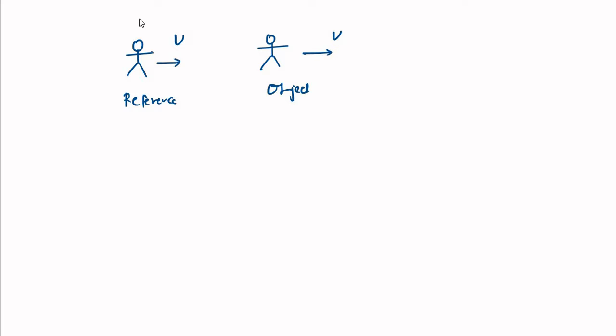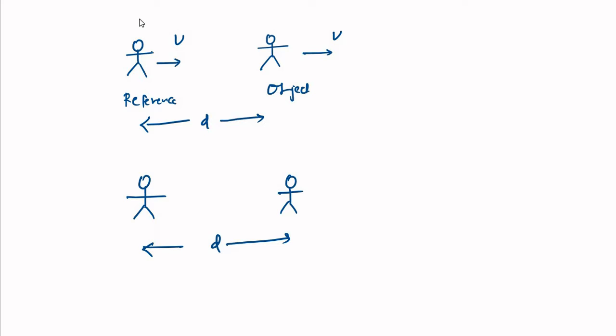Because they are moving with the same velocity, the gap between them always stays the same, nobody catches up to another. So it always seems as if they are standing at rest at a gap of, let's say, d meters.